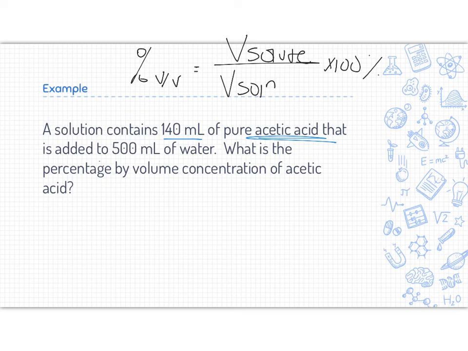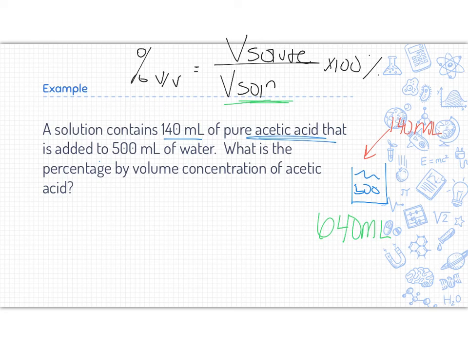Now, I've said that I've added 140 milliliters to 500 milliliters of water. So if I have my 500 milliliters of water and I add another 140 milliliters of a liquid, technically my solution volume will be closer to 640 milliliters. So because this is volume of solution, not just the volume of solvent, we need to actually put this 640 in here.